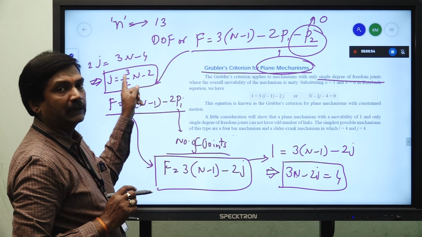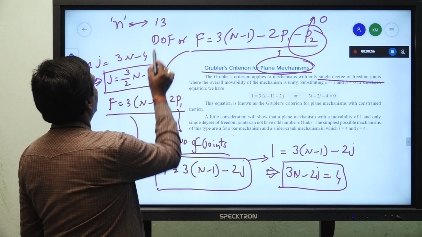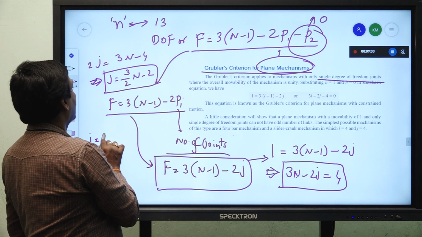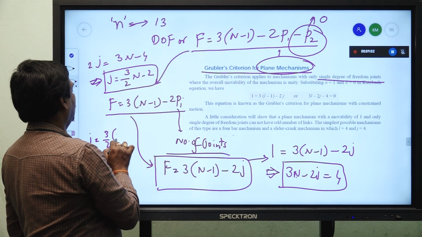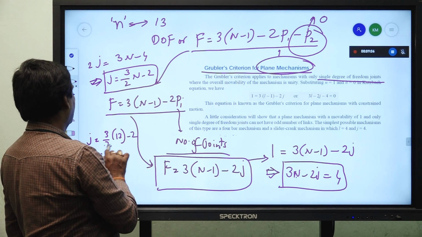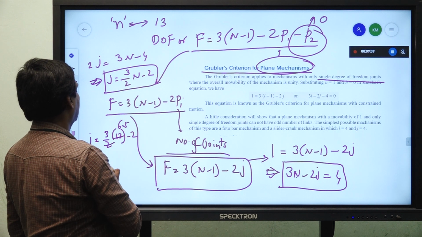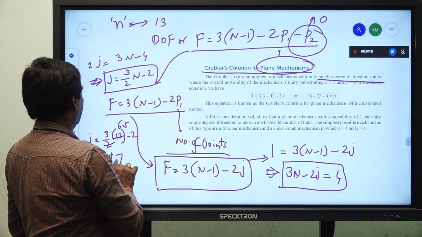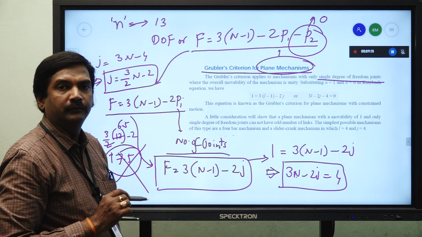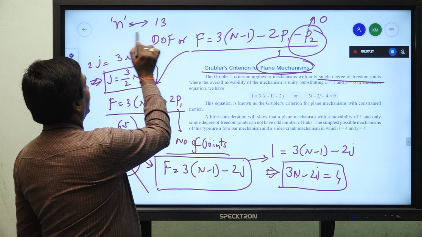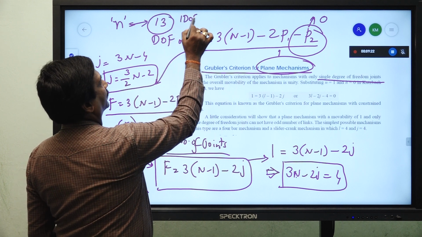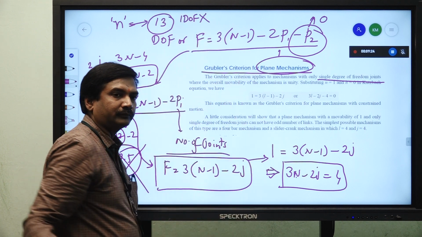If n is 13, j = 3/2 into 13 - 2, which becomes 17.5. So it is wrong. That means if I say 13 links, a 1 degree of freedom kinematic chain cannot be formed.